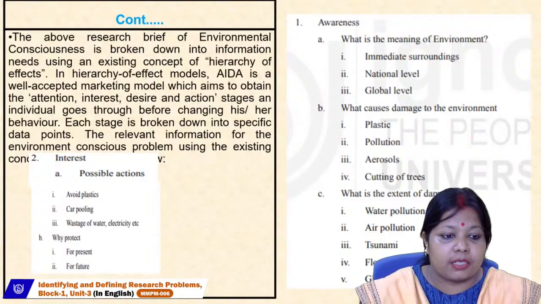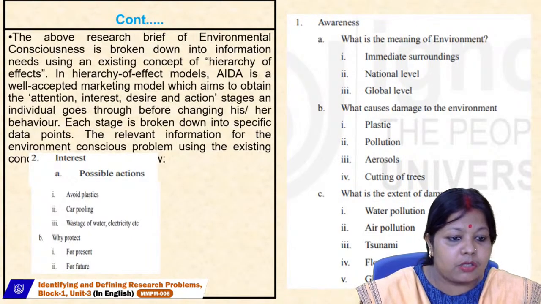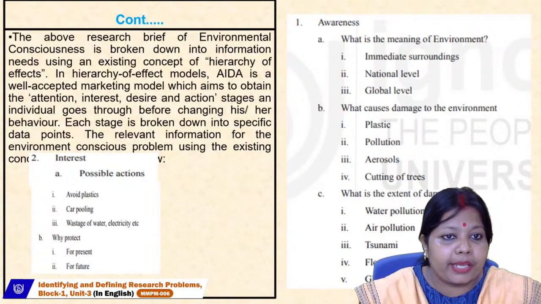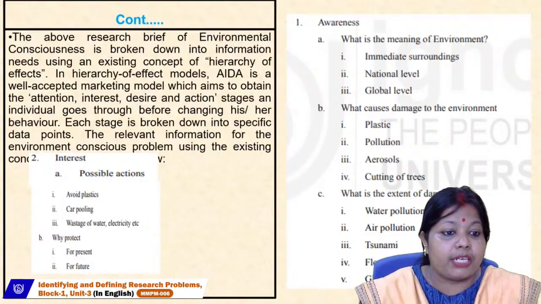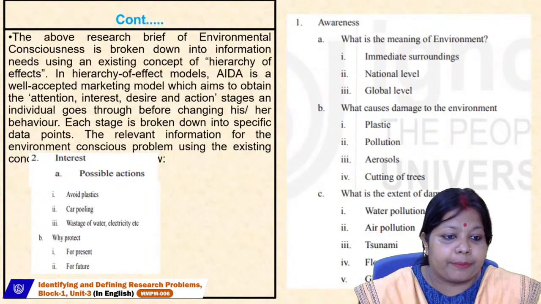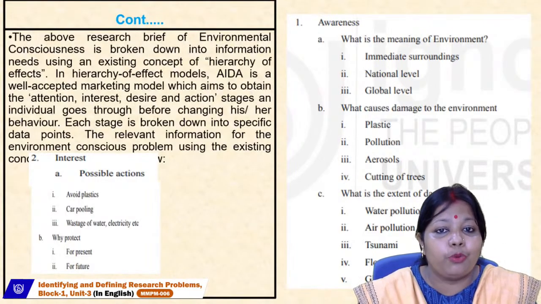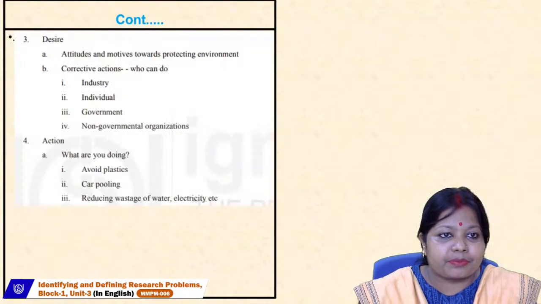If actions are known, then we should also understand why to protect and what to protect, whether I am protecting my present or I am protecting the environment for my future.